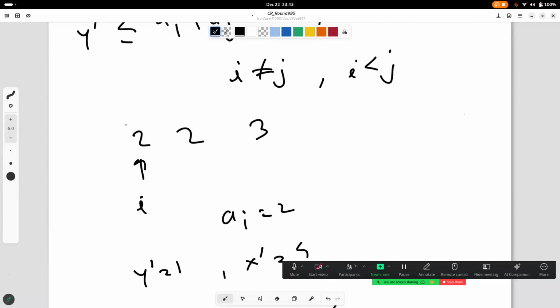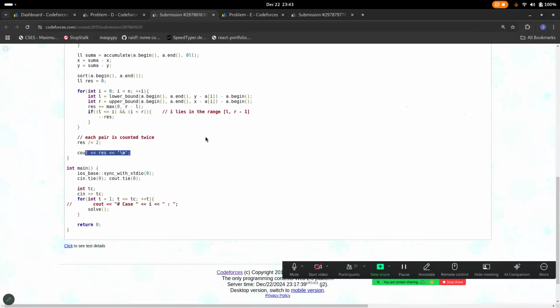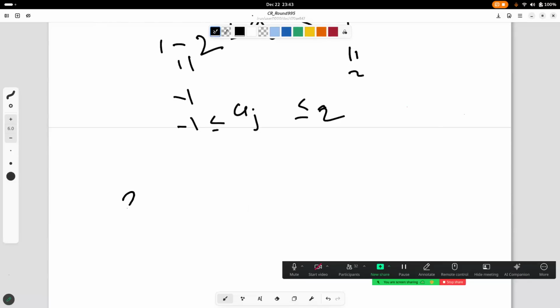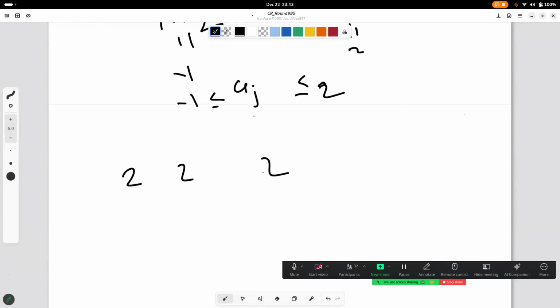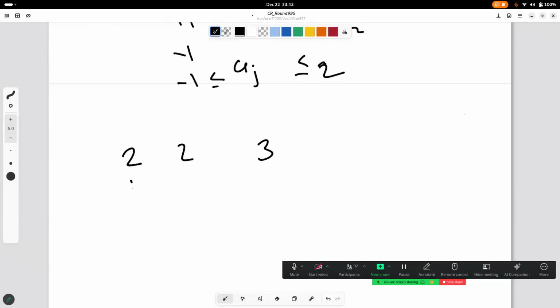By our binary search, this is the part of the array that corresponds to the valid values of a[j]. If we perform this binary search on this array by fixing a[i] equal to 2, L would be over here and R would be over here.